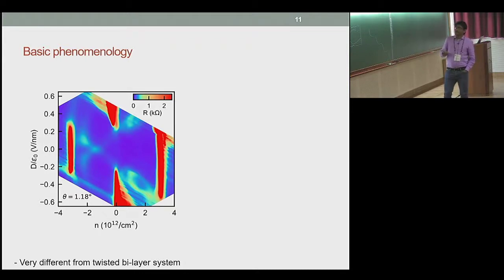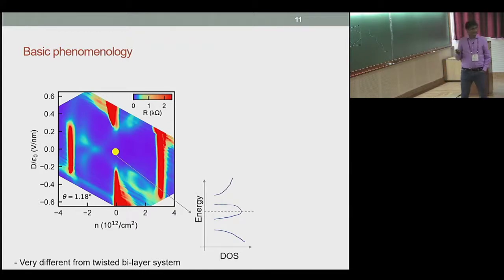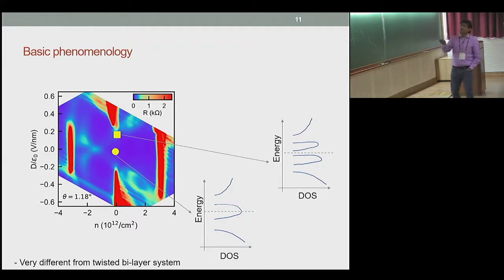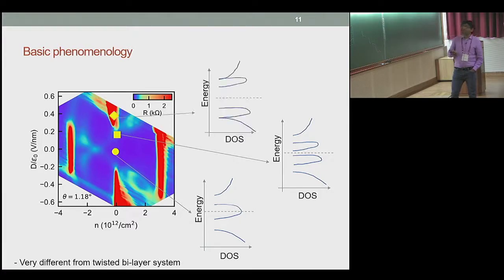Just to get the phenomenology clear, a cartoon band structure looks something like this at this particular point in the parameter space. As you apply an electric field perpendicular to the two layers, in this system, you will split this flat band into two flat bands. And these are higher dispersing bands. Then as you go up further, you will close this gap completely and merge these flat bands with the dispersing bands on the top.